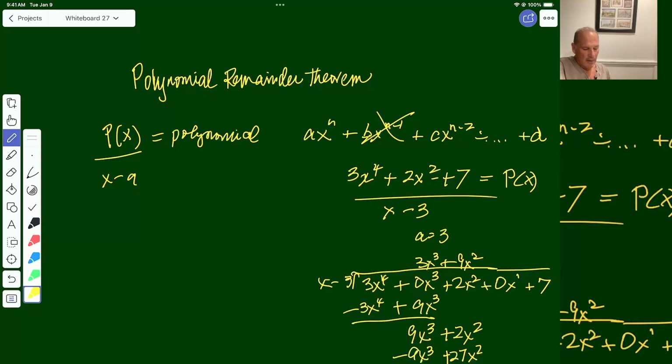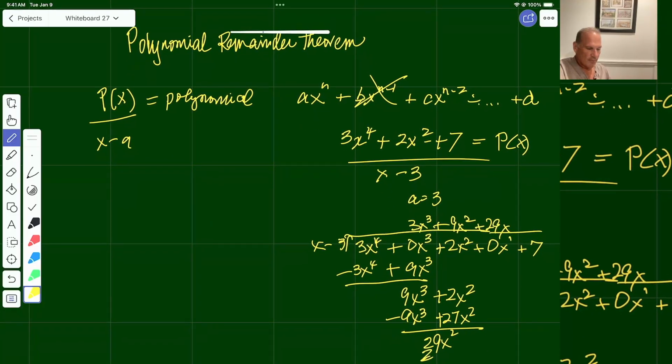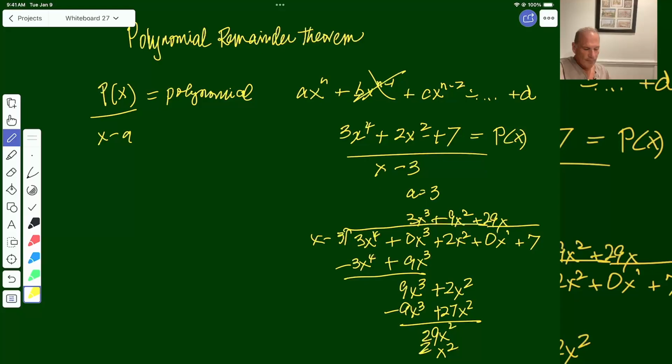And then we bring down the 0x, that's going to go in 29x times, plus 29x squared. This was plus 0x to the 1, and that's going to be minus 9 times 29 is, well, it's 3 times 30 minus 3 is 90. 90 minus 3 is 87, so it should be 87x.